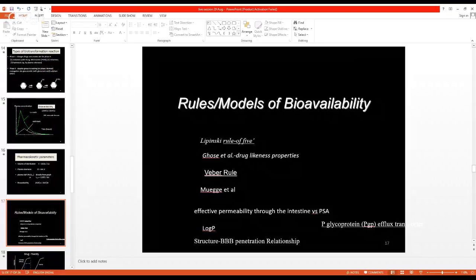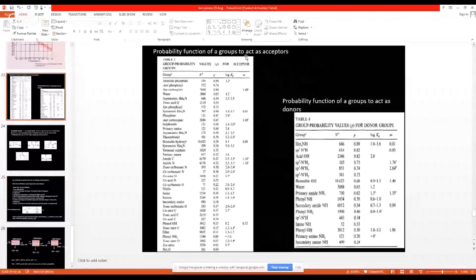So the hydrogen bond forming ability of various functional groups can change. As you can see, the probability can change from a very high number, 0.10, that means most probable, to even very, very low. So again, hydrogen bond formation is not very straightforward because it is very directional.